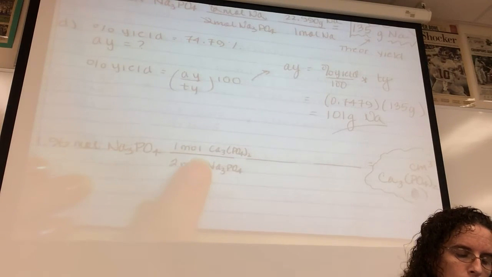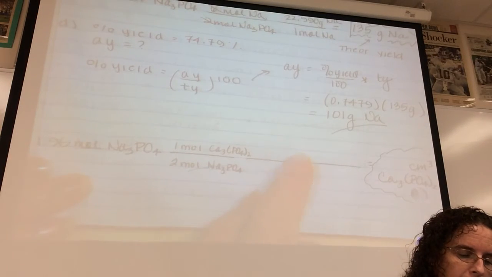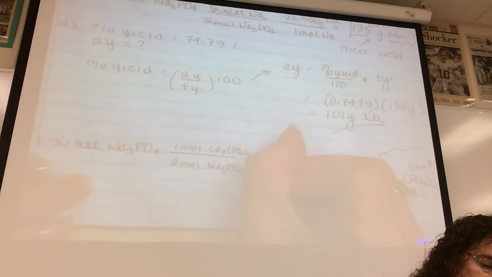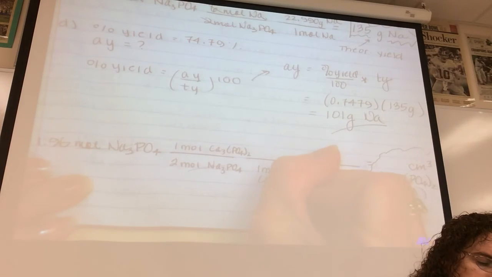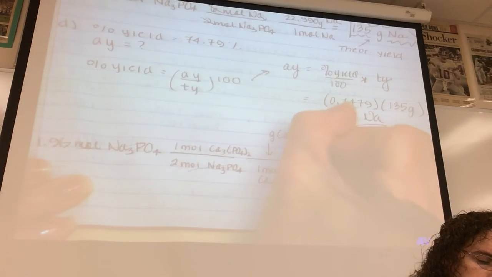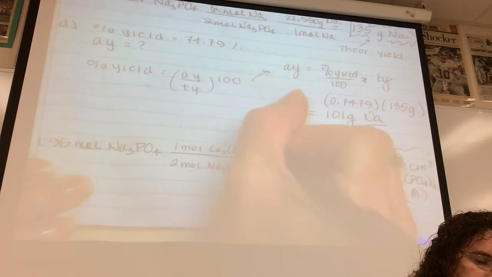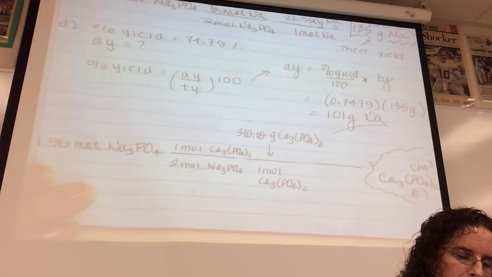And now we need to go to mass and then finally to volume. So this is a mole to mass conversion for calcium phosphate. I'm going to pull this one up here because it's getting squishy. Calcium phosphate we use in the lab a lot, 310.18 grams per mole.